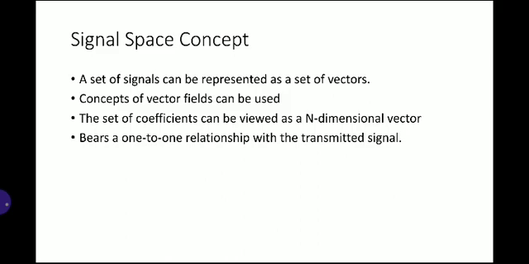So this n-dimensional vector is actually a point in the n-dimensional vector space. So a signal can be represented as a point in an n-dimensional vector space. That is the idea. Then this vector bears a one-to-one relationship with the signal. So that is, each signal will have a different vector representation within that signal space.